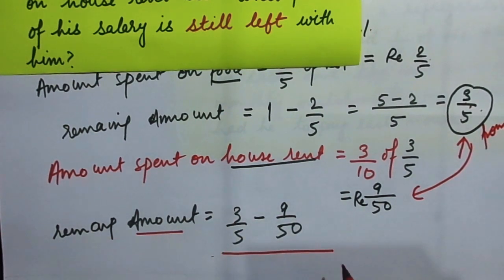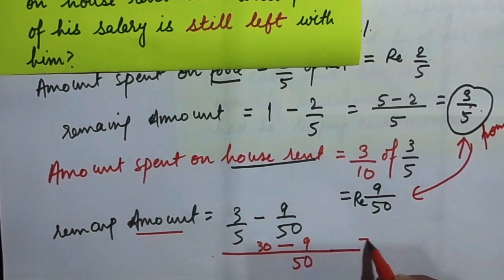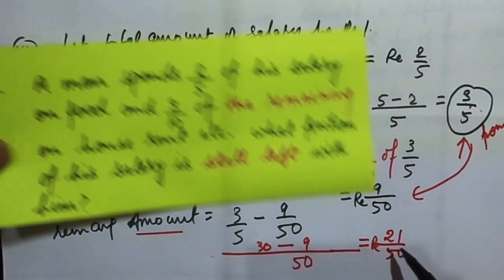Let me take the LCM. LCM of 5 and 50 is equal to 50. Now 50 divided by 5 is equal to 10. Therefore 30 minus 9 is equal to 21 by 50 rupee. Did they ask rupee? No, they didn't ask rupee.